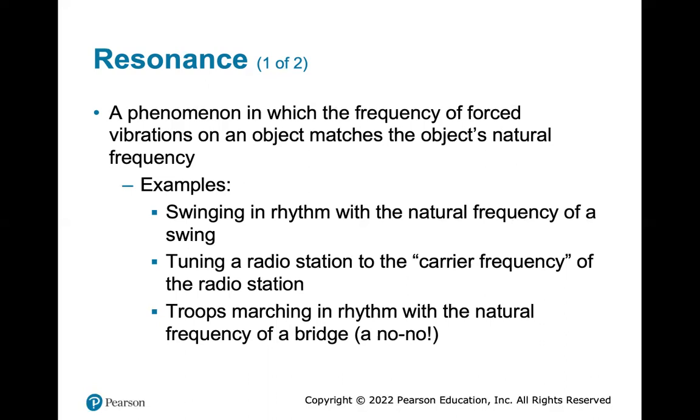Troops marching in rhythm with the natural frequency of a bridge. You can set up a vibration there. In the textbook, I forget what the reference is, but there were soldiers marching, and their marching actually caused the bridge to collapse.